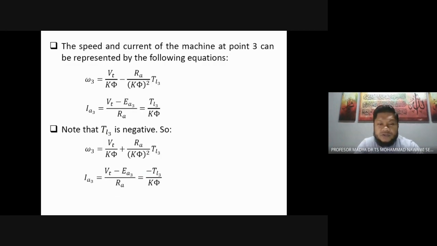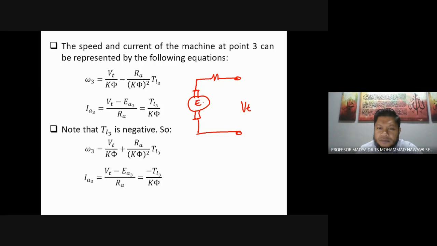Now the speed and current of the machine at point 3 can be represented by the following equation. This is a motor equation. If I write it into the equation, motor operation should be in that way.